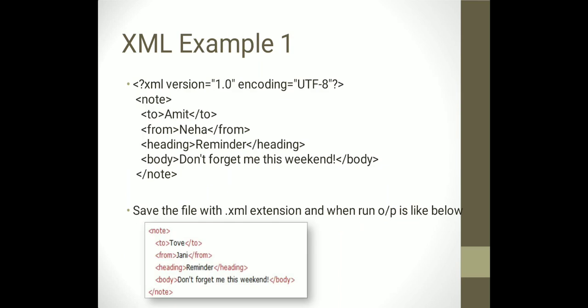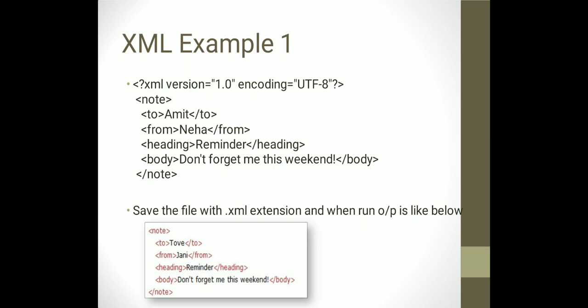And after that we have seen the XML example, like how it is defined with a question mark after the angle bracket, and the XML version we need to define. Then encoding is used, and encoding again is UTF-8.